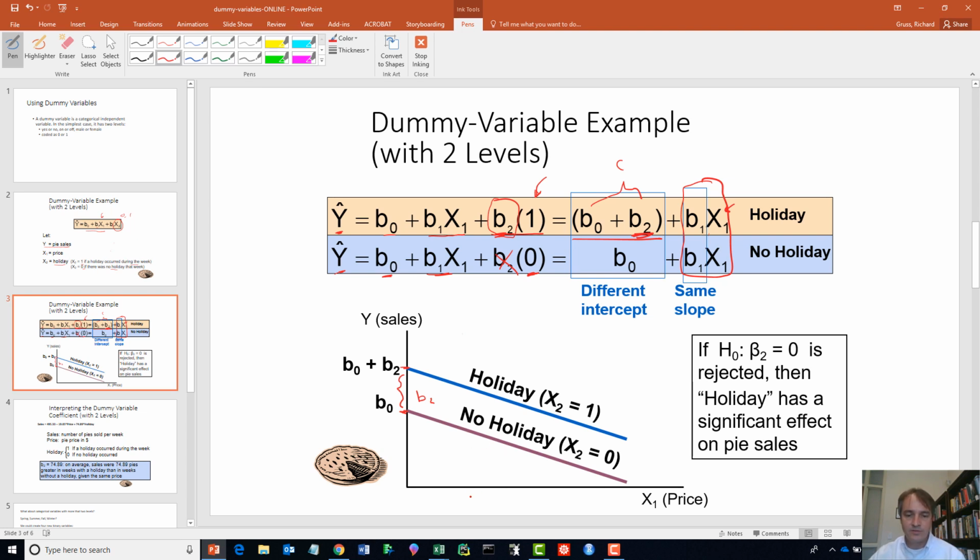So that means for a given price, let's say we've got this particular price right here, then if it's not a holiday, this will be the value right here. But if it is a holiday, it'll be that plus this quantity, this B2.